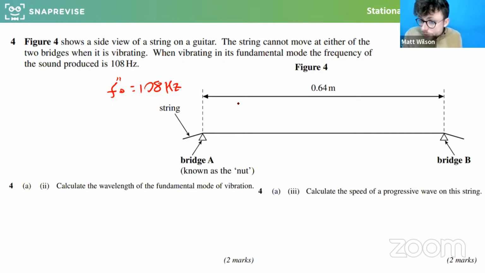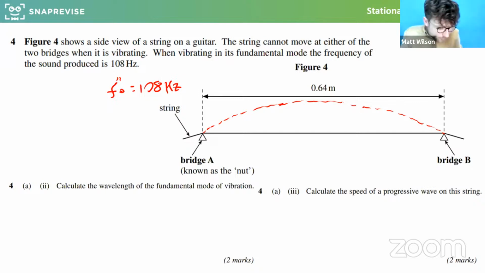So the length of the string here is 0.64 meters. So the question is, what is the fundamental wavelength? What is the biggest wavelength we can fit on the string? So the biggest wave would look like this. What is the wavelength of this wave, if the length of the string is 0.64?